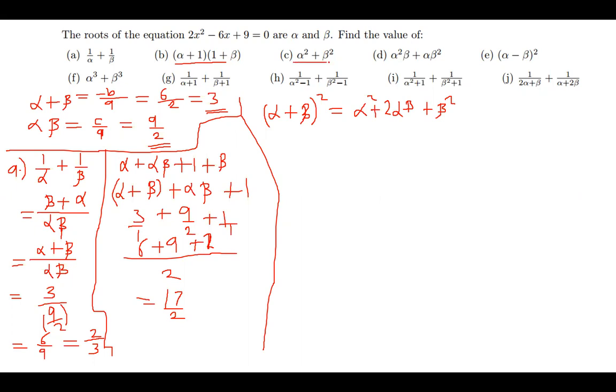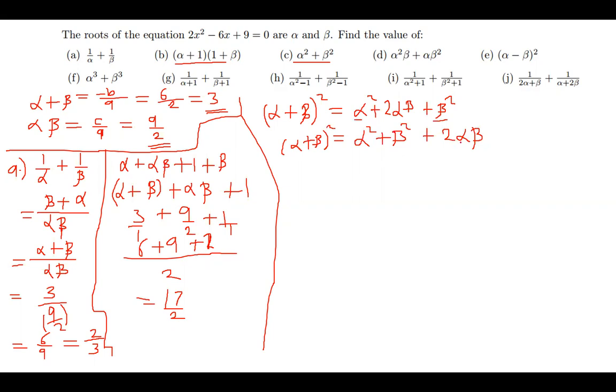But when you look at this, this is alpha squared plus beta squared, so we're going to put alpha squared and beta squared together, and then plus 2 alpha beta. And this side we already have our alpha plus beta, and then squared.